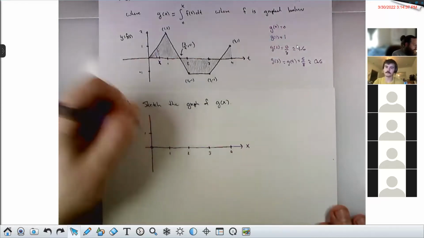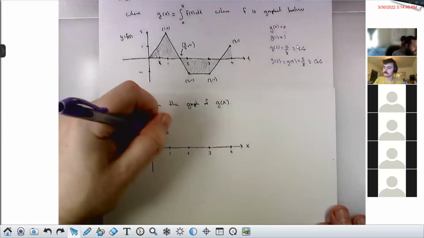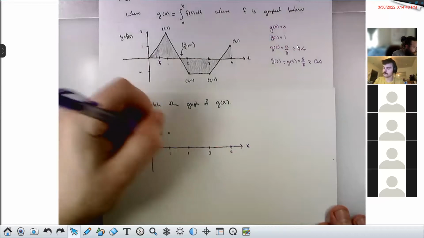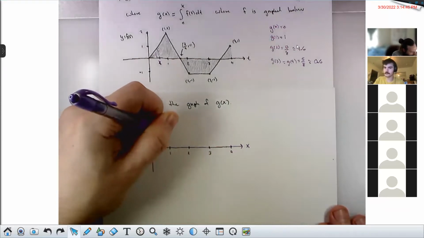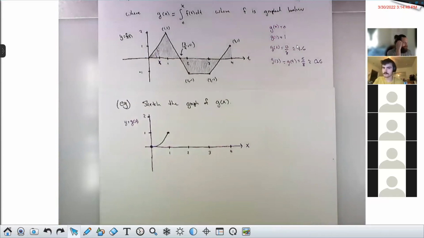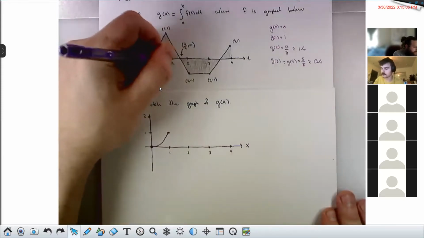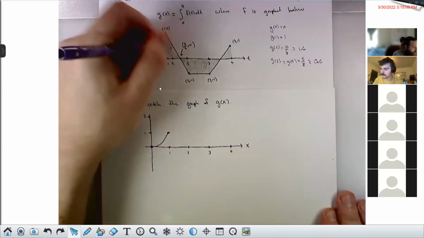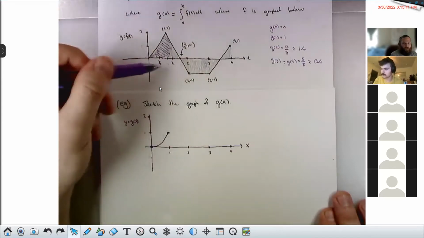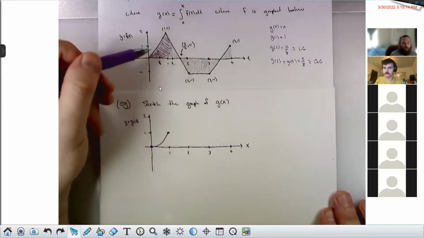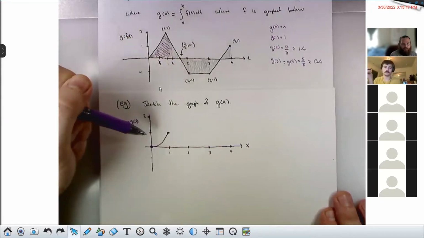Let me mark this as 1 on the y-axis and 2 on the y-axis. We get here to 1, 1, and we get there quite quickly. As x increases past 1, now I'm looking at all of this area, g is still getting bigger, right? If x is over here, then as x continues scooting to the right, I'm still capturing more and more area, which means this function is still increasing.